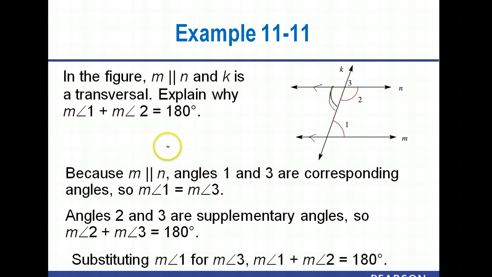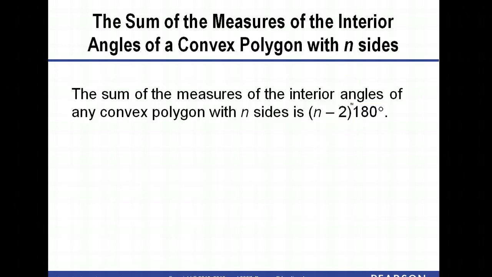So then we say, well, since 1 and 3 are equal, I can substitute. So the measure of angle 1 plus the measure of angle 2 is 180 degrees. So that's just an alternate argument for proving that, right? So what that means is that these two angles that are on the same side interior of a transversal, when you have parallel lines, add to 180 degrees.